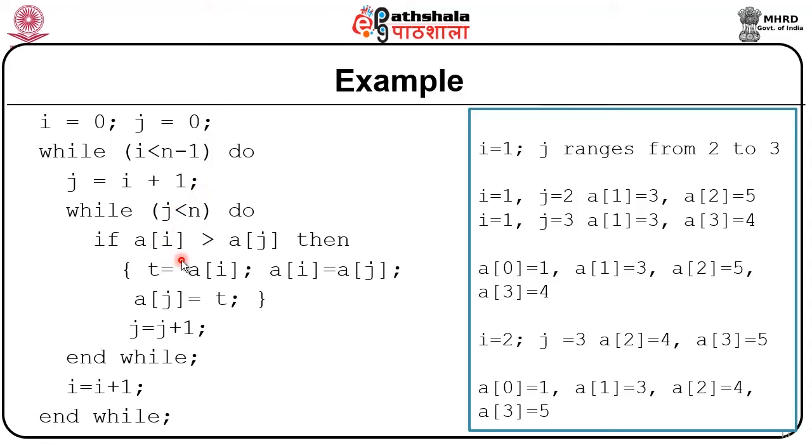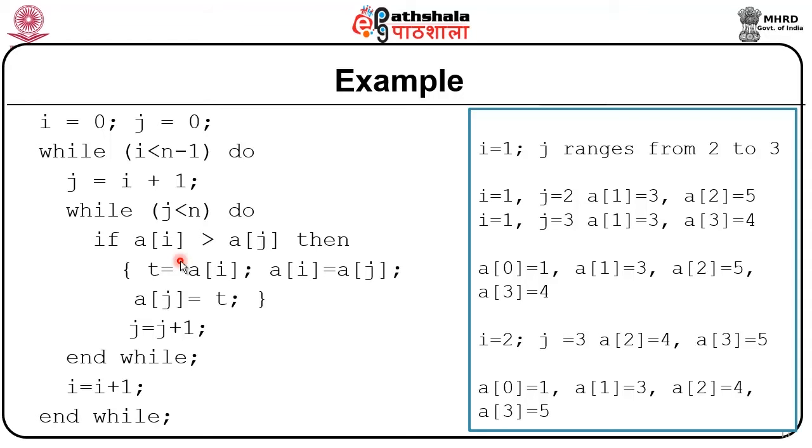For our understanding and simplicity, let us consider the innermost operation. If a[i] greater than a[j], as I have mentioned earlier, you will have a node for this if condition.